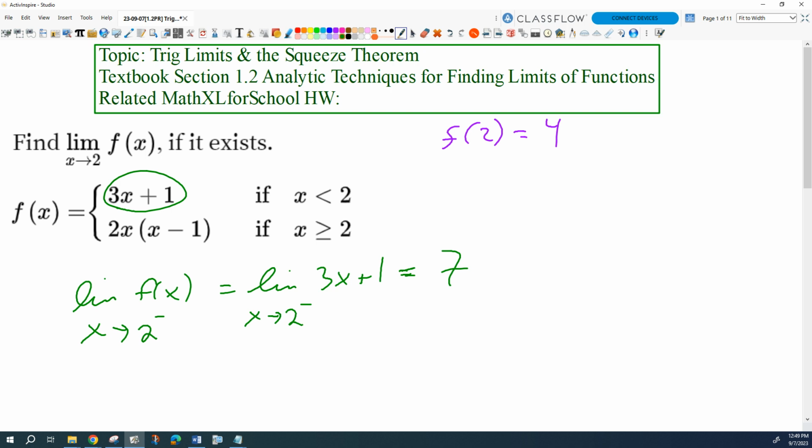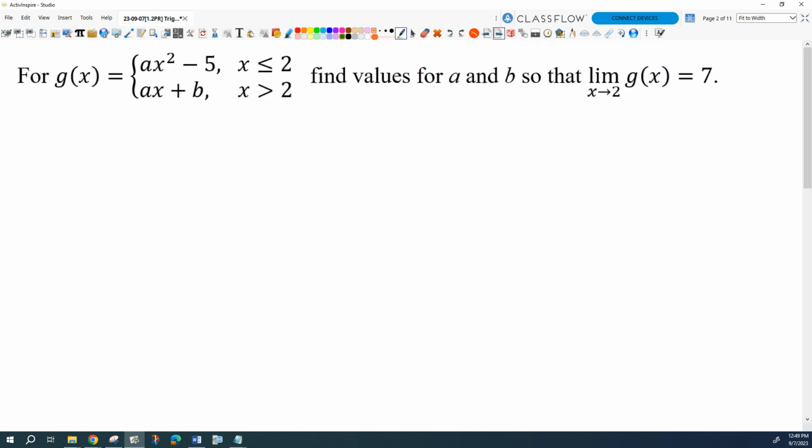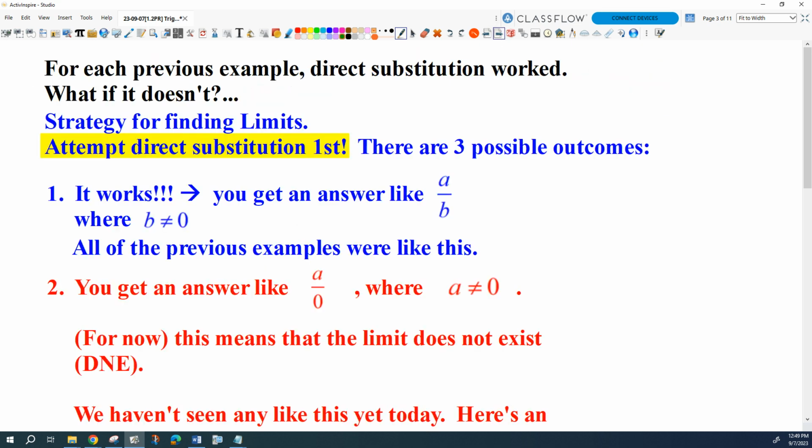We're going to attempt direct evaluation and we got an answer, okay? Does that make sense? So that is the point clearly that the ant anticipates stepping on when we apply direct substitution for this green limit. It was a type 1, right? It worked. Okay, we got an answer.